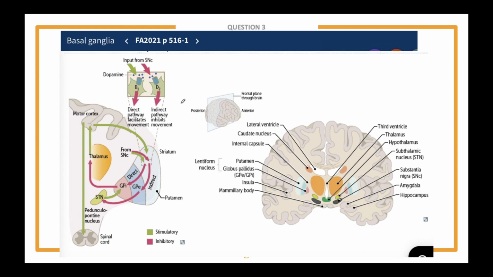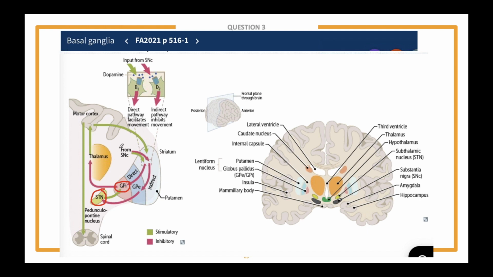And you can see there that the subthalamic nucleus has a stimulatory pathway or arrow pointing to the GPi, which is the internal segment of the globus pallidus, okay? So the subthalamic nucleus directly stimulates the internal segment of the globus pallidus, which is why answer choice A was the best answer.